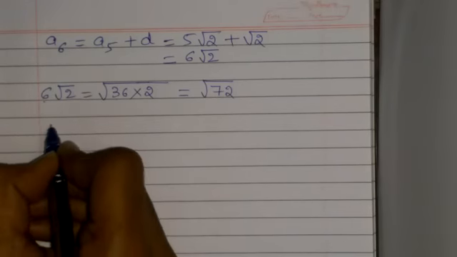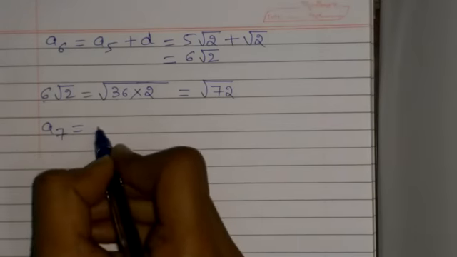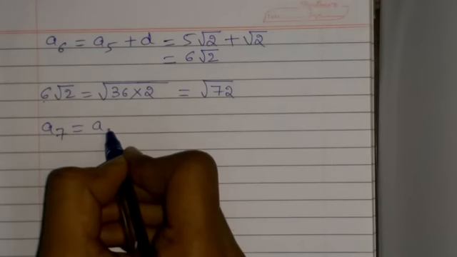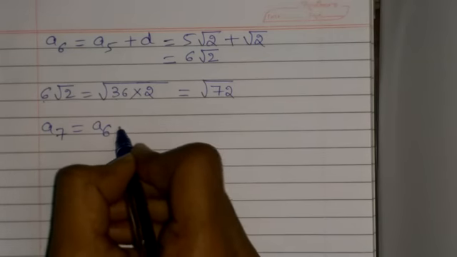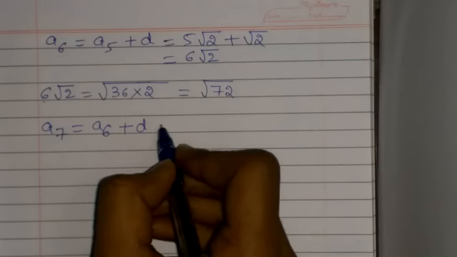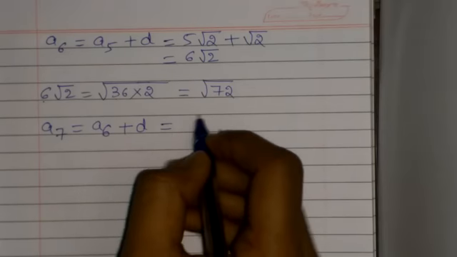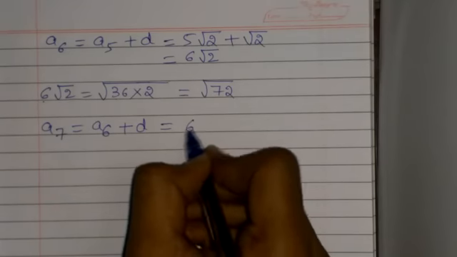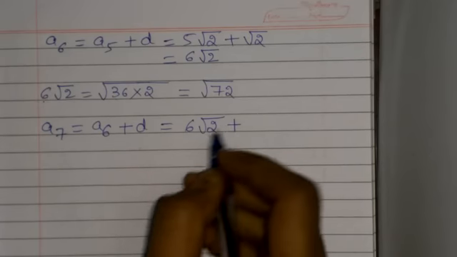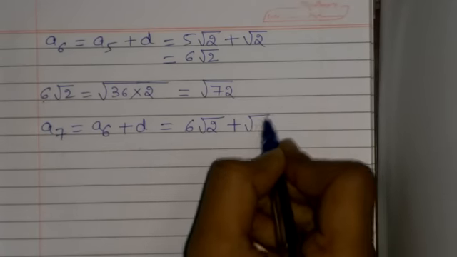Now we will find A7. A7 is given by the previous term, A6. If you add D to it, then you will get A7. See, A6 is 6 root 2 plus D, which is root 2.